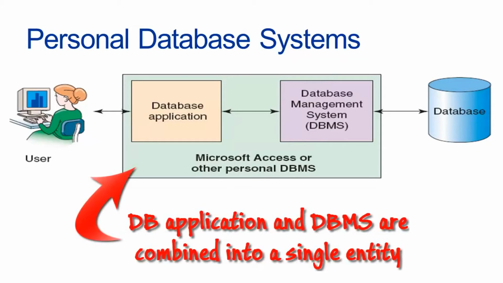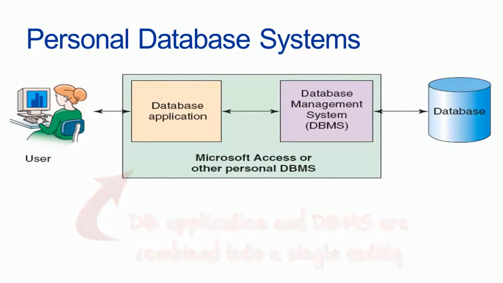So in Microsoft Access, for example, I can create data entry forms or generate reports for my Microsoft Access database. That is, it kind of combines the database application and the database management system into a single entity, conceptually speaking.